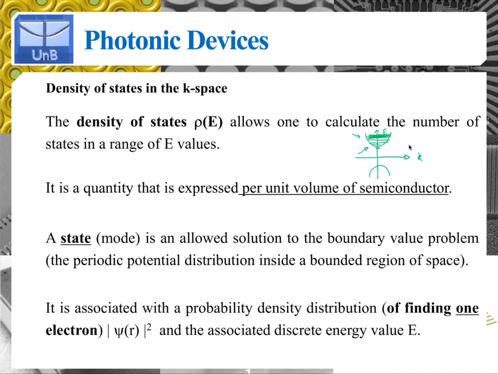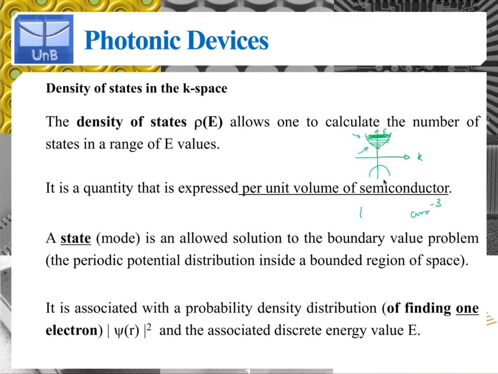Okay, so this is the density of states, the number of states that you have as a function of E. This is a quantity that is expressed per unit volume, so it's the number of states per centimeter cubed. You usually express it in centimeter to the power of -3 for that reason.